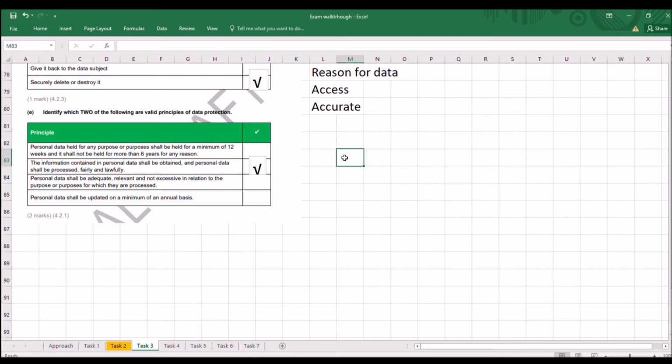That wouldn't be fair and lawful. Obtained means getting and holding it, and processing is doing something with it, especially automation.